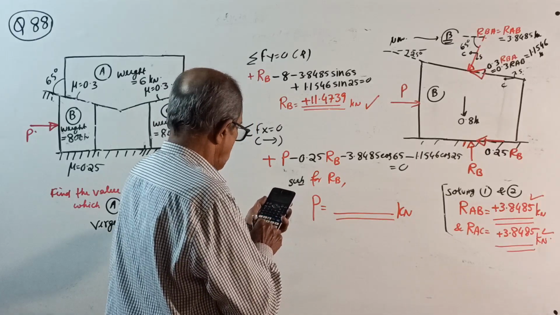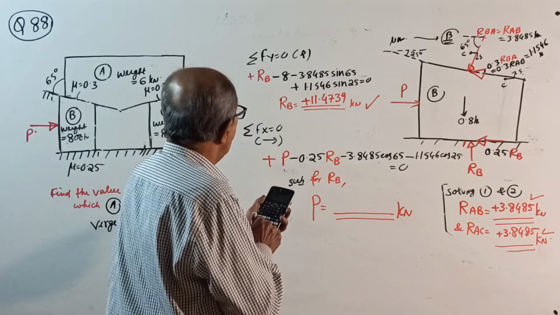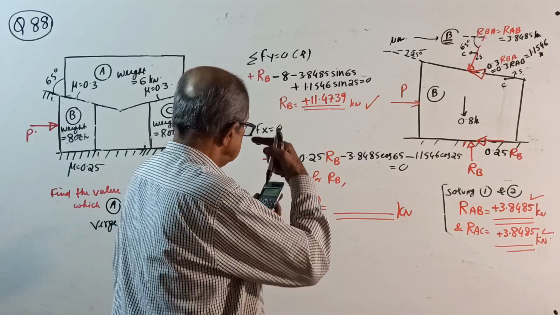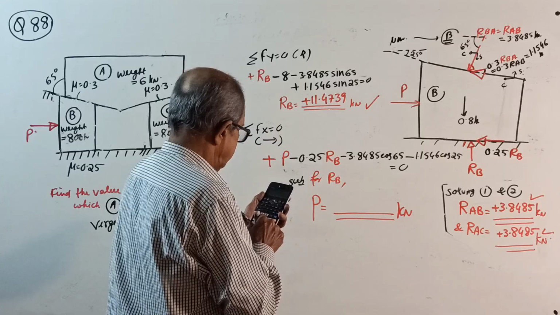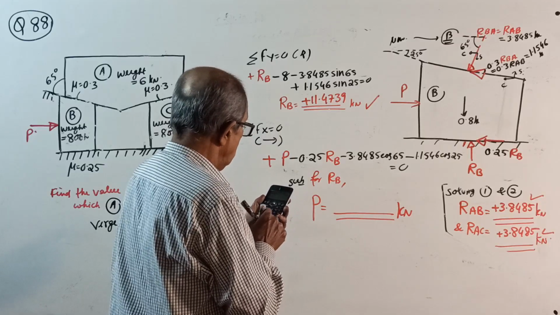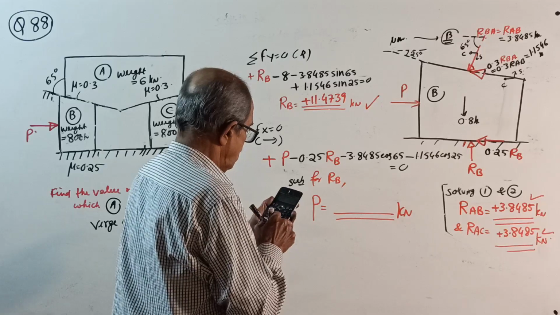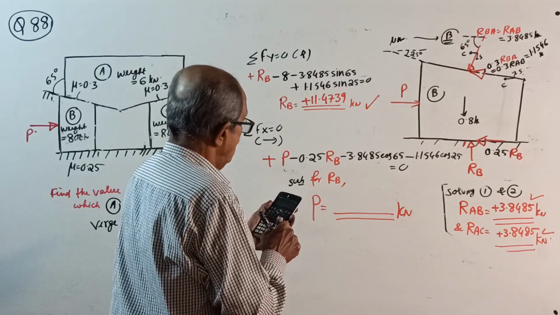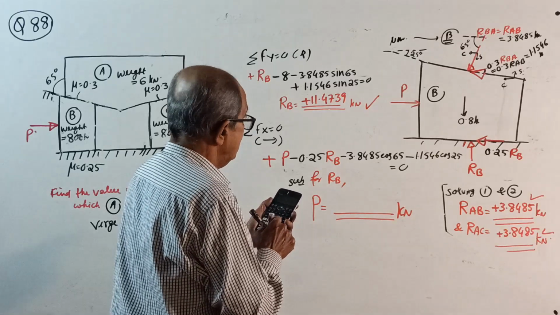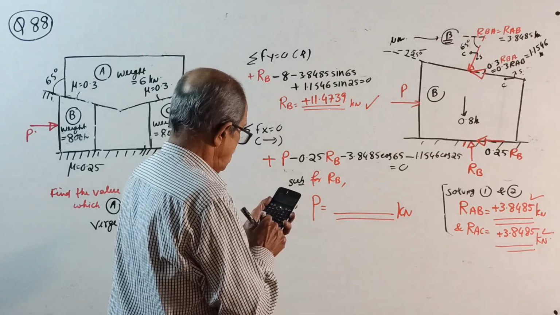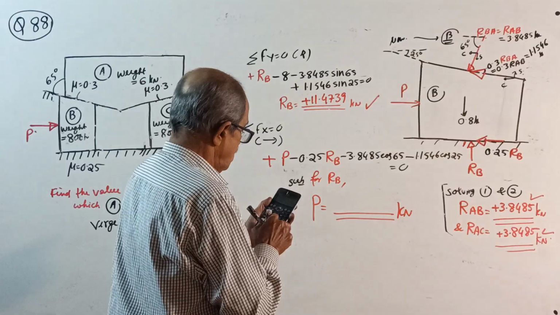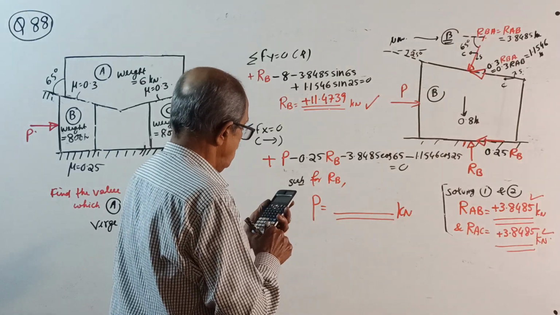So it is 0.25 into 11.4739, then plus 3.8485 into cos 65 equal to plus 1.1546 into cos 25.